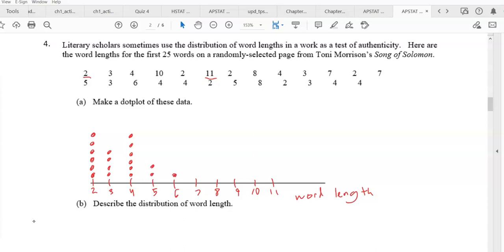You don't really need a frequency on the left here with the dot plot. You can just leave it like that. 2 eights, 1 ten, and 1 eleven.